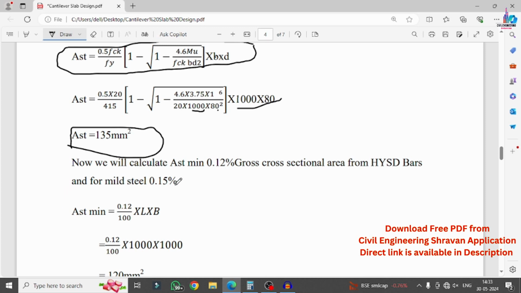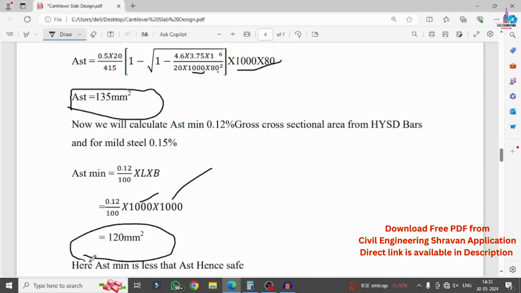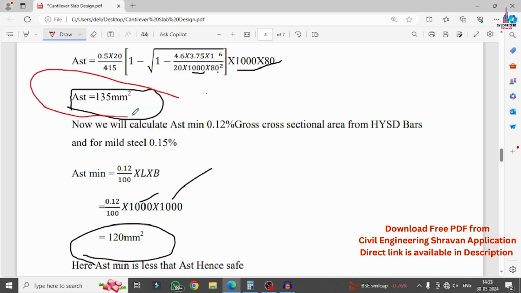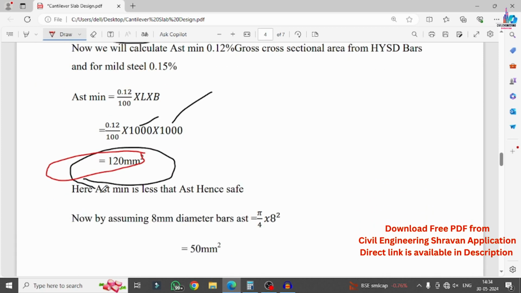Length is 1000, width is also 1000, which comes to 120 mm square. Now you can see this is the calculated value of Ast and this is the minimum value of Ast. So the minimum requirement of steel is also satisfied as per the main steel calculation. So Ast minimum is less than Ast, hence it is safe, with Ast approximately equal to 135 mm square for that particular steel section.